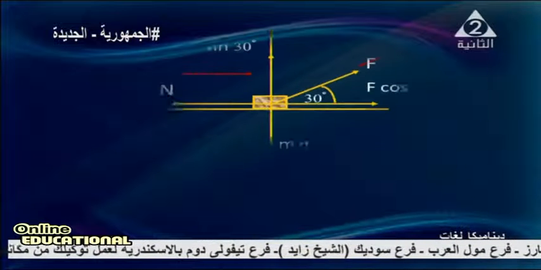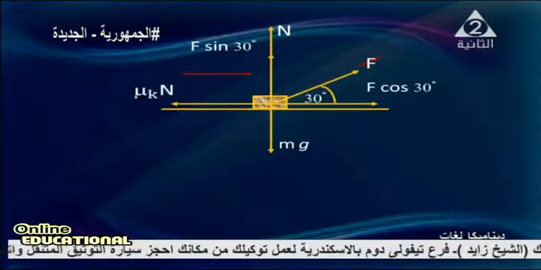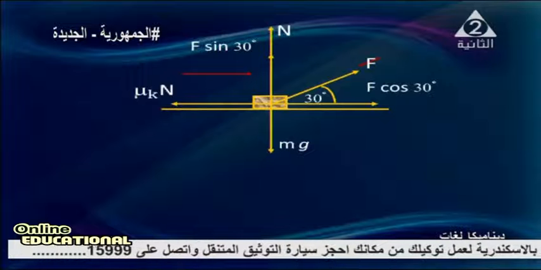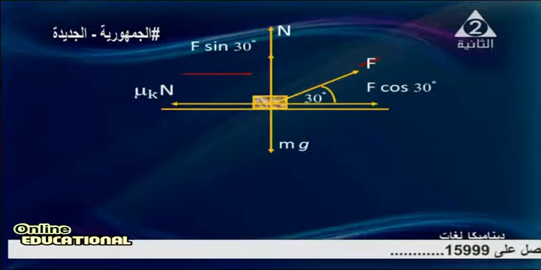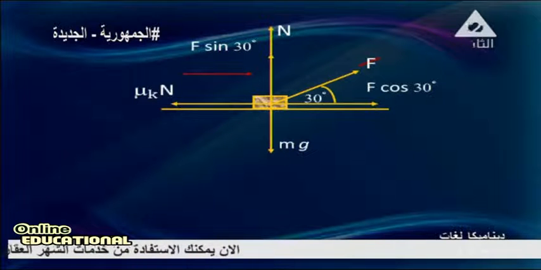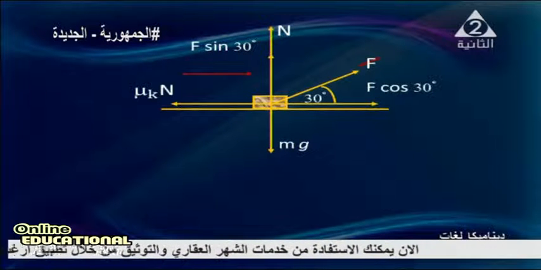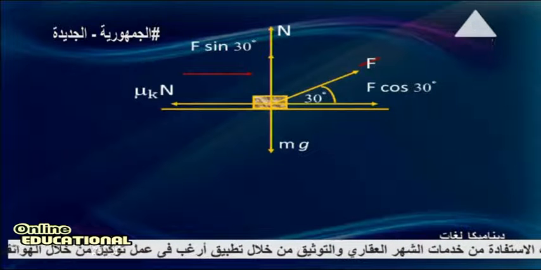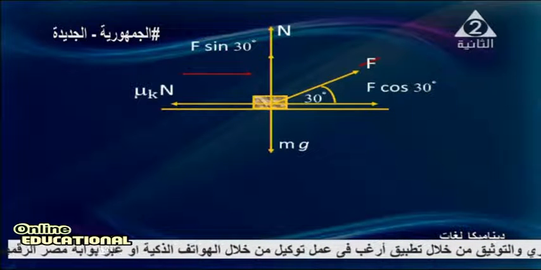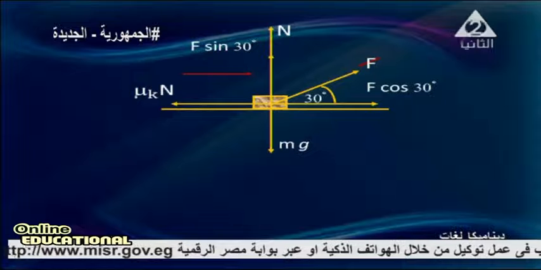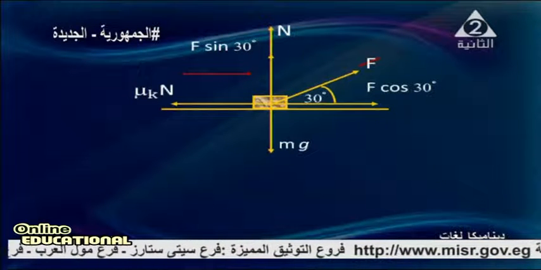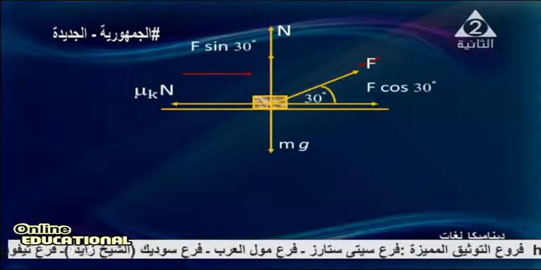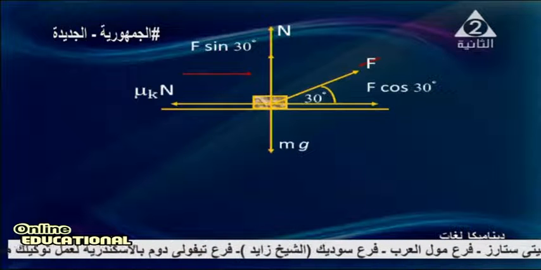Now we have a rough horizontal plane and a body of mass 12 kg placed on the plane. The coefficient of static friction equals root 3 over 3, but the coefficient of kinetic friction equals root 3 over 4. And a force of magnitude F acts on the body in the direction inclined to the horizontal at an angle of measure 30 degrees upward.